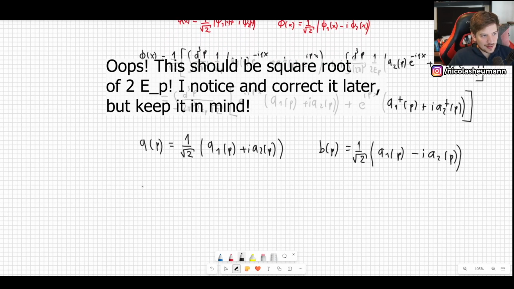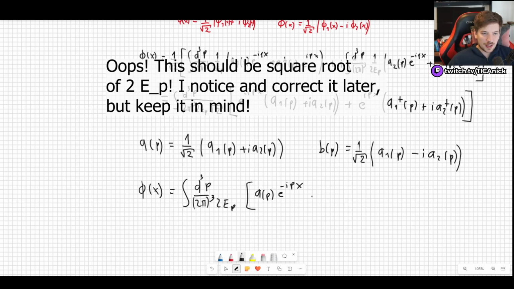With that, we get that phi of x, the 1 over square root of 2 is now gone. So now we have the integral of d3p over 2 pi cubed, 2ep, and then we have a_p e to the minus ipx, plus, I can do it like this so that it's a bit more orderly, b_p dagger, and then we've got e to the ipx.